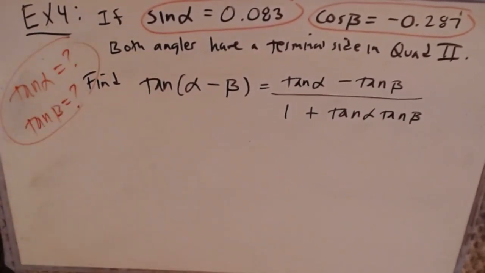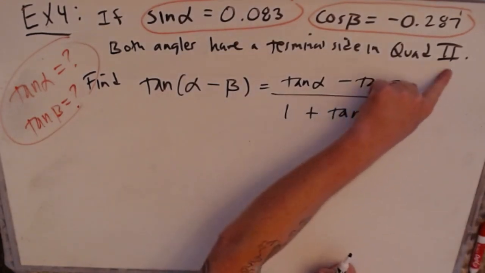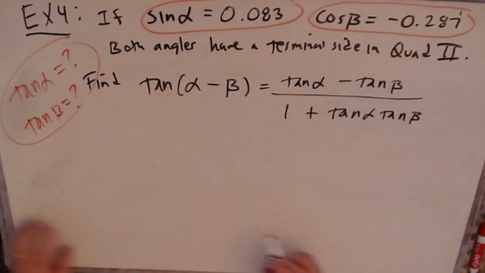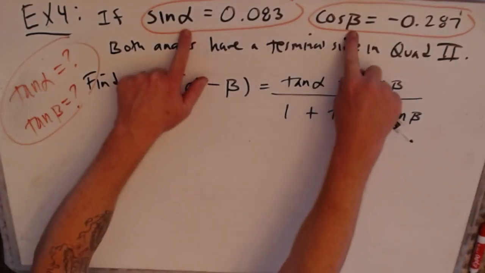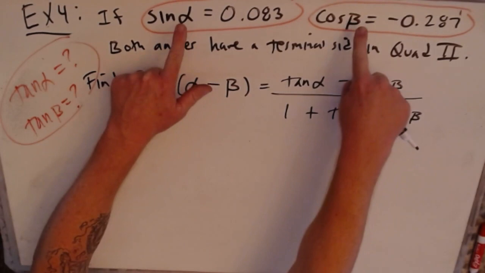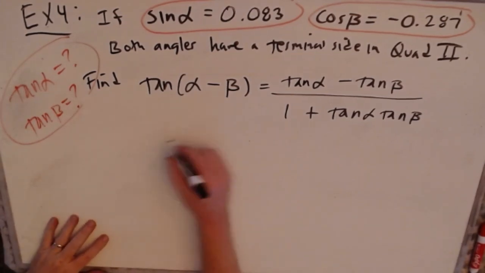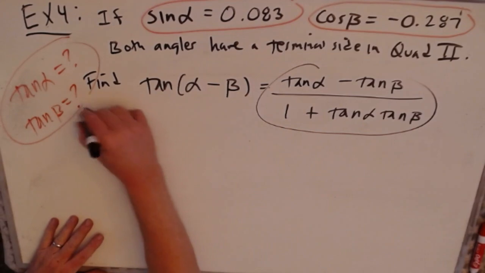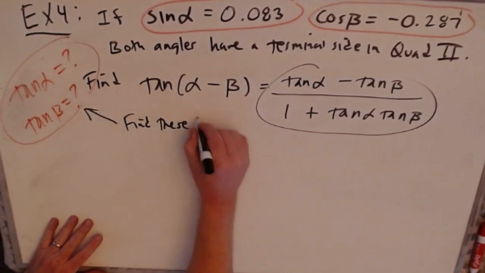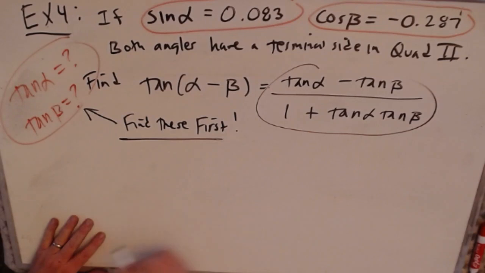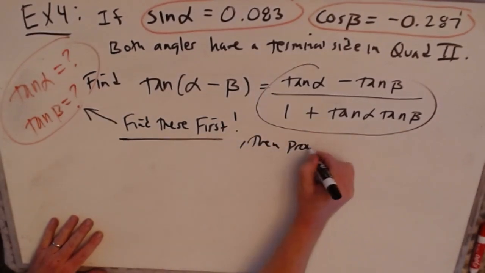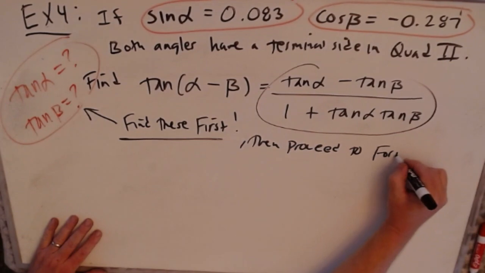So we have missing tangents, and we're in quadrant 2, so we need to be a little bit more careful here. It's too bad that these aren't the same angle. If these were both alphas or both betas, we could just divide them and at least have one of these, but we don't have either one. So this is a little bit of work. Before we use the formula, we need to find these first, then proceed to the formula.